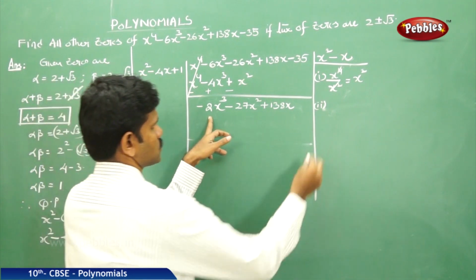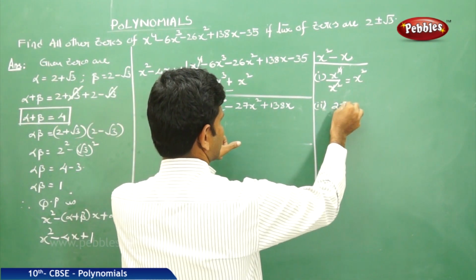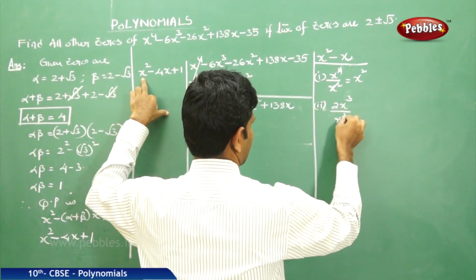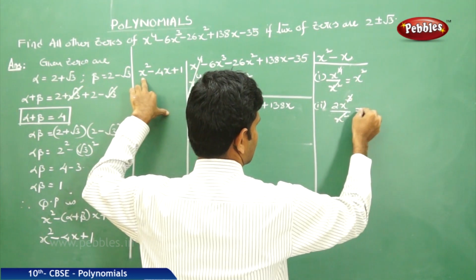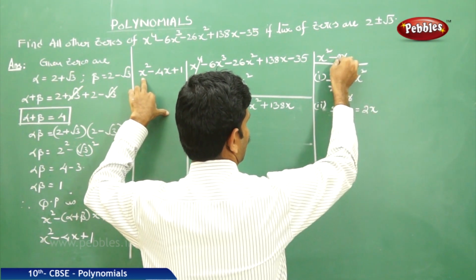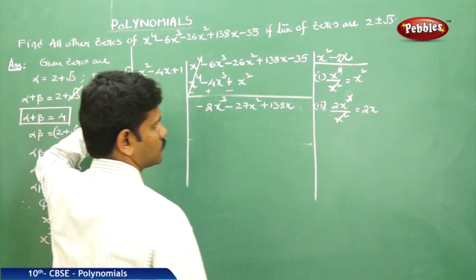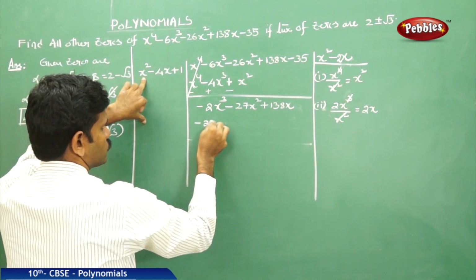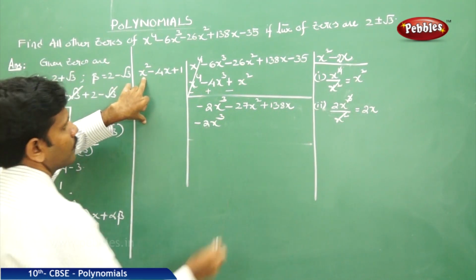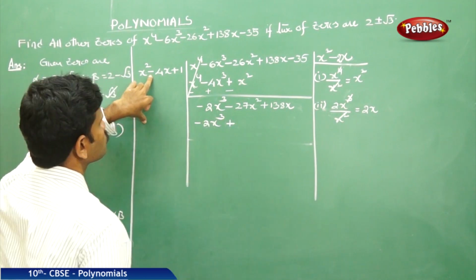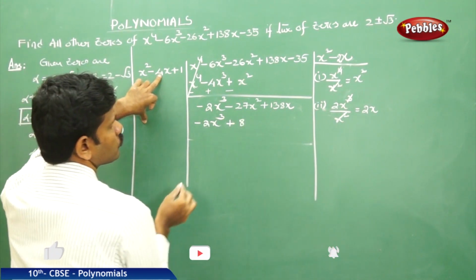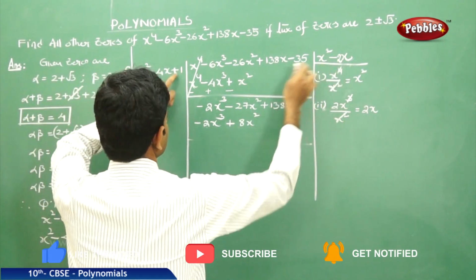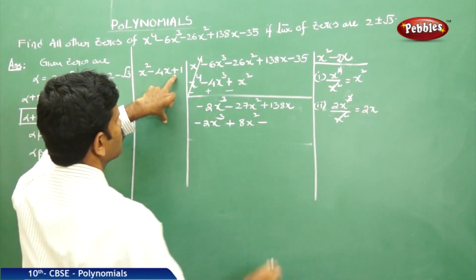Now second cancellation, 2x cube by x square. x square cube cancel, that is 2x. Now with this 2x multiply the total. 2x into x square, minus 2x cube, minus into minus plus. 2x into 4, 2 4s are 8x square, minus into plus minus 2x.